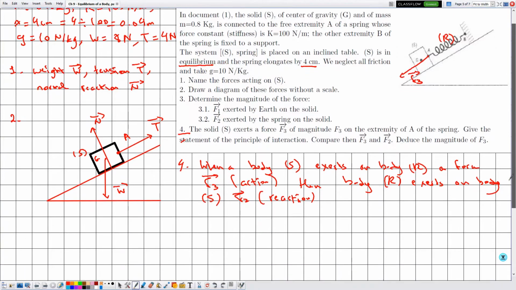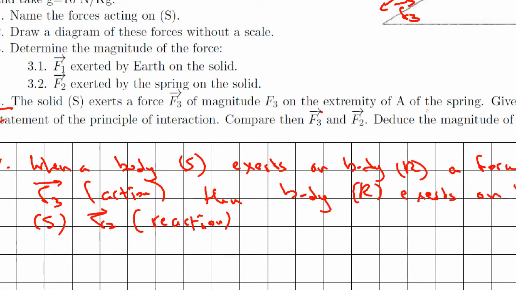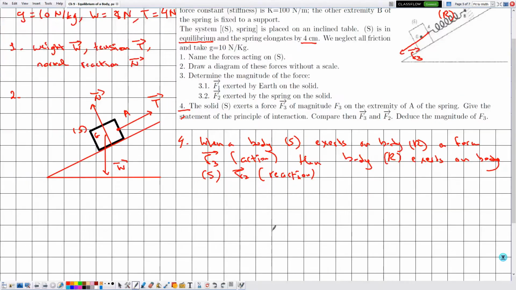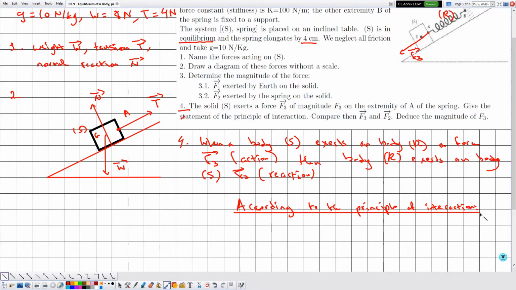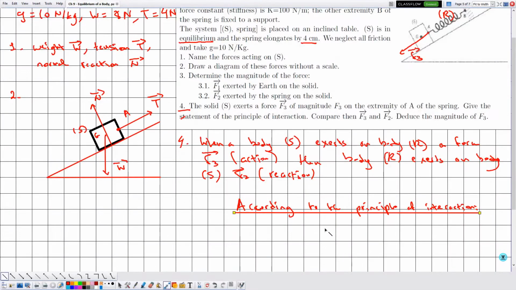Now they are telling us to compare F3 and F2, so we need to compare two vectorial quantities. Then we are going to say according to the principle of interaction, these are the two forces that are involved in the problem, then they are equal to each other up to a minus sign.